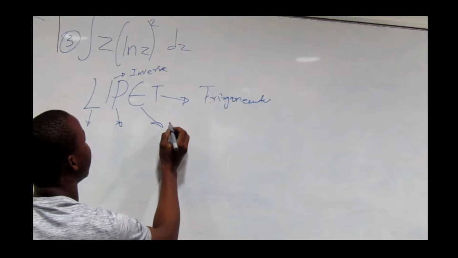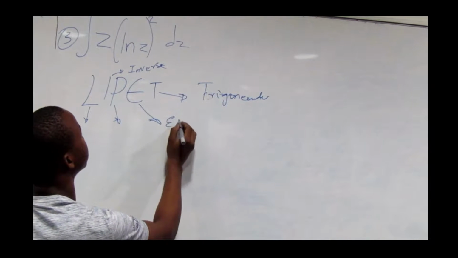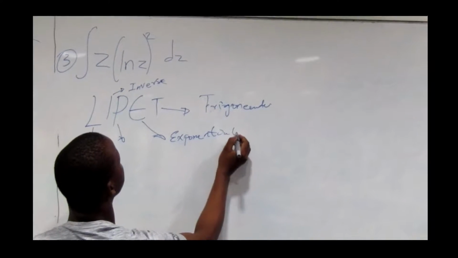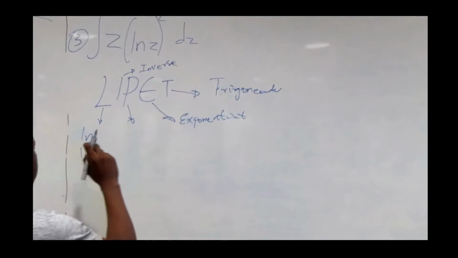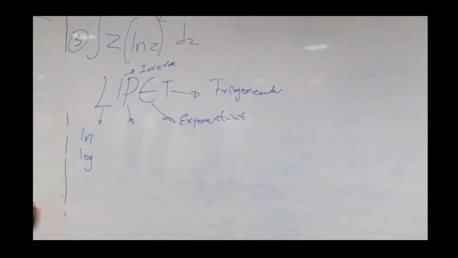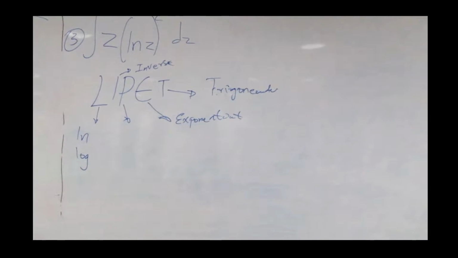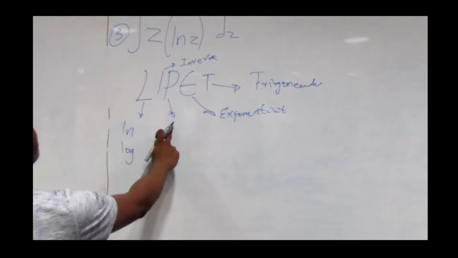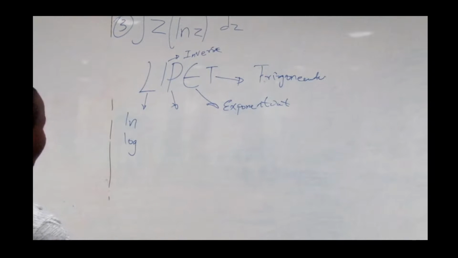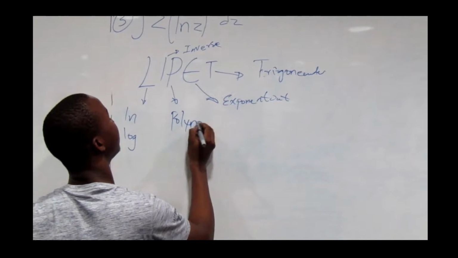This is exponential. This P is for polynomial. This P means polynomial. A polynomial can be any equation.